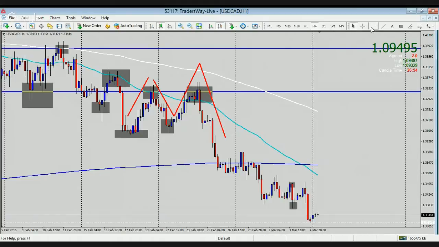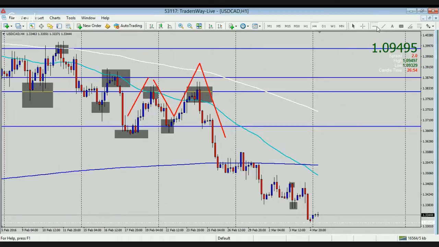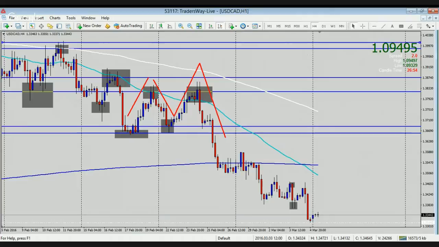Horizontal line there. Horizontal line there. There you go. Bam, there. Okay, and I think that's all of them. Yep. Let me delete that one. All right, so you draw the horizontal lines off the peak formations.